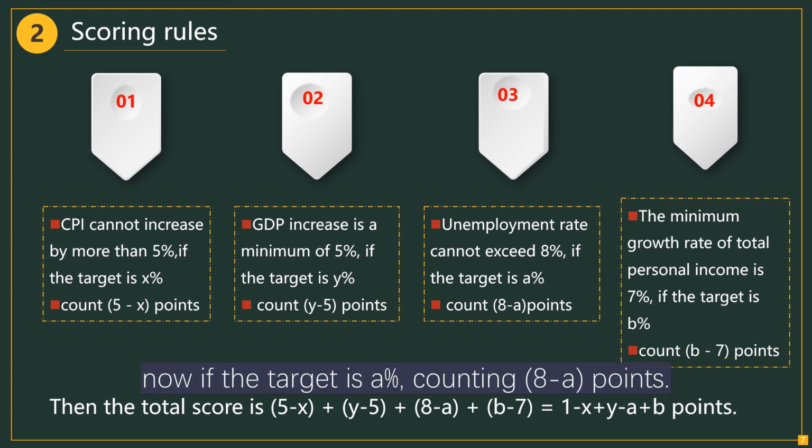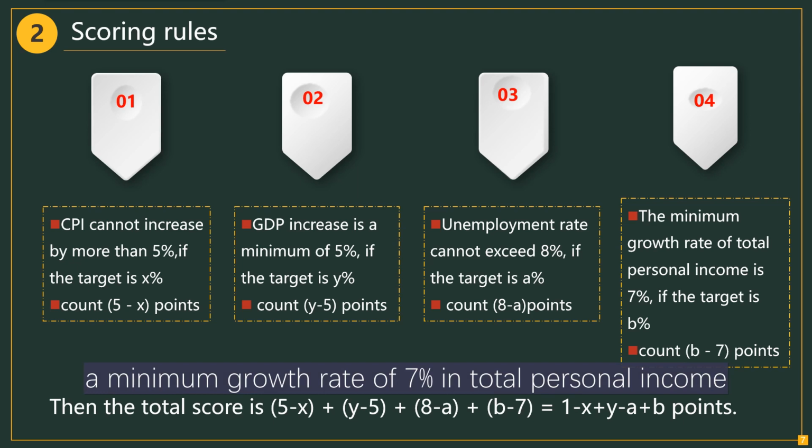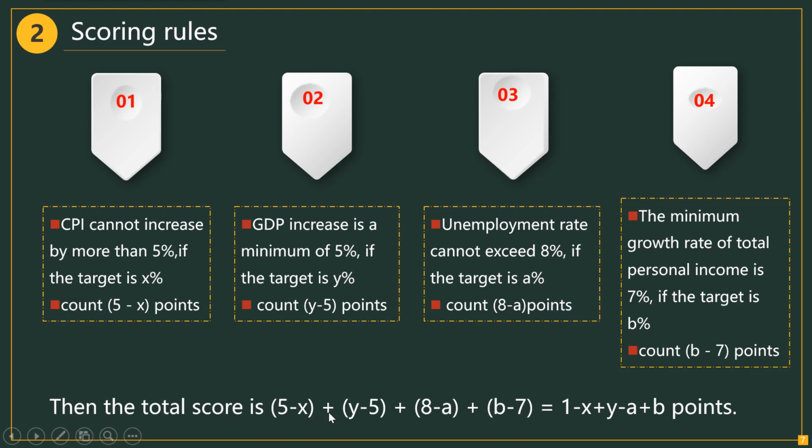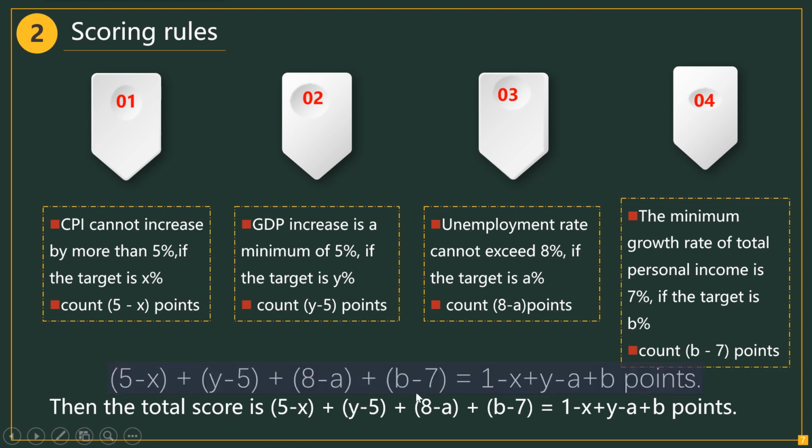If the target is A%, the score is 8 minus A. Total personal income has a minimum growth rate of 7%. If the target is B%, the score is B minus 7. Then the total score is 5 minus X plus Y minus 5 plus 8 minus A plus B minus 7, which is equal to 1 minus X plus Y minus A plus B points.